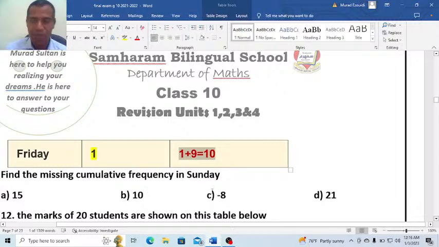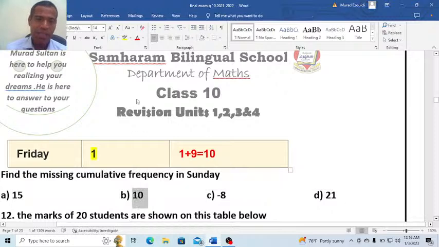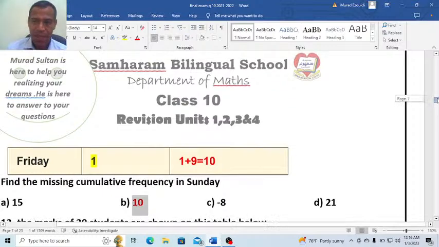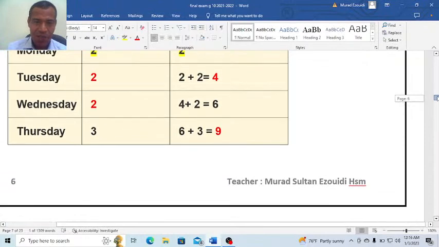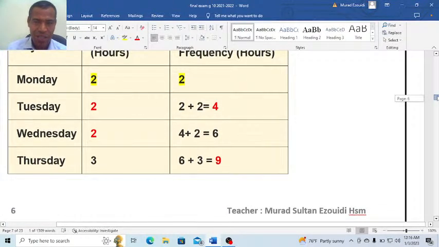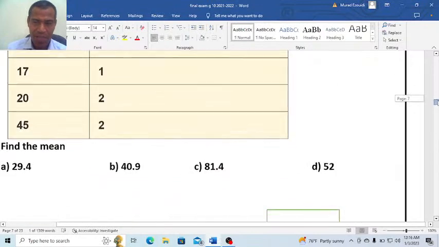Is it negative 8? No, it's false. Is it 28 and 21? No. So the correct answer here is in fact equal to 10. Now learners, it's clear that in this kind of question, you will just add the frequencies on each day, then that total should be added on the next day.